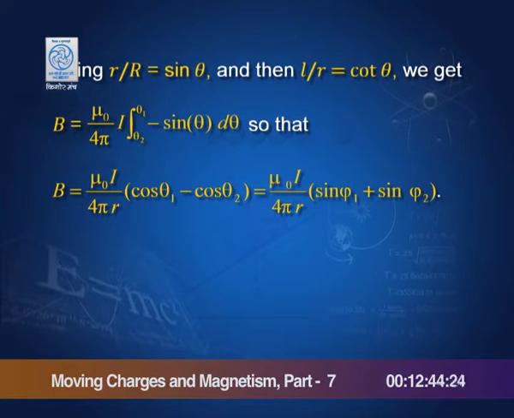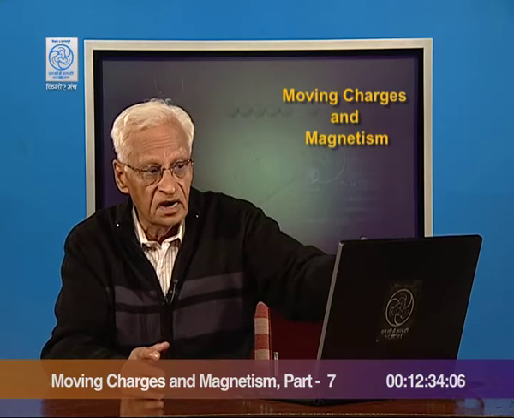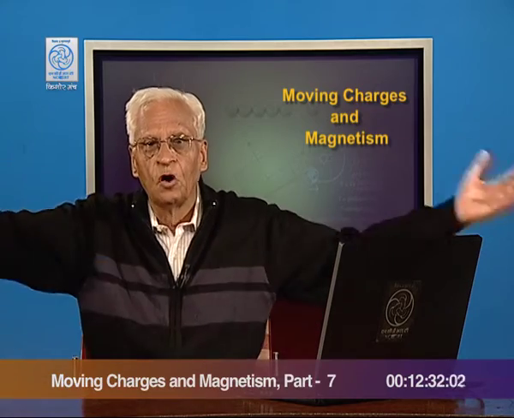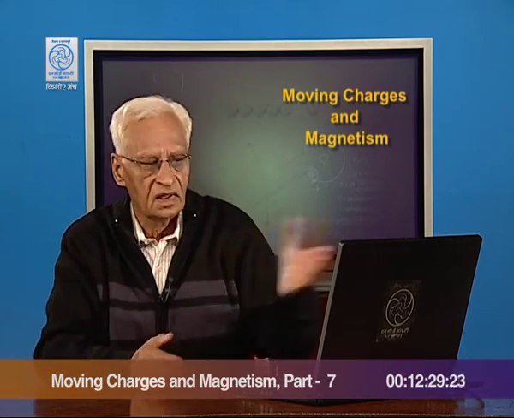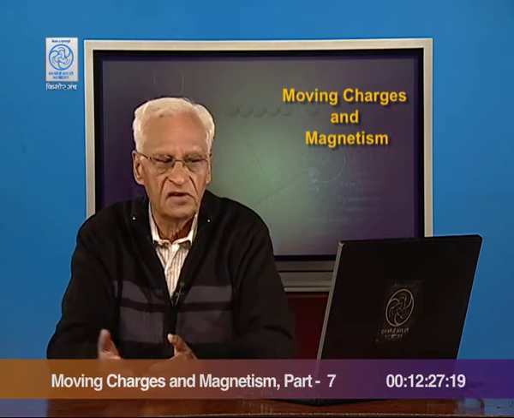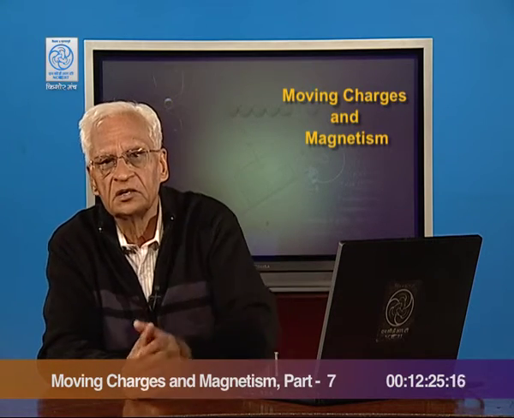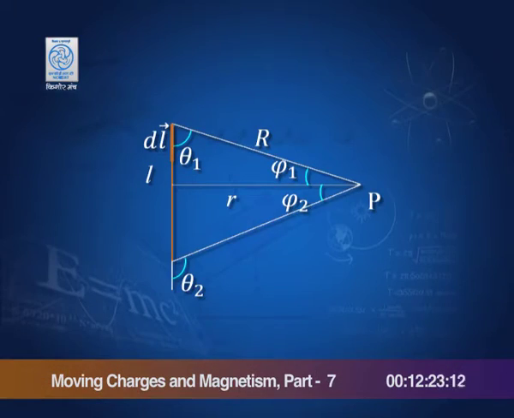In fact, this result is more often used, although it is equivalent: mu 0 I by 4 pi into (sin phi 1 plus sin phi 2), where phi 1, phi 2 are these angles. So, we are not restricted to a long wire, we can have a short wire and we can find the magnetic field due to this wire at any point P on a line which is perpendicular to this.